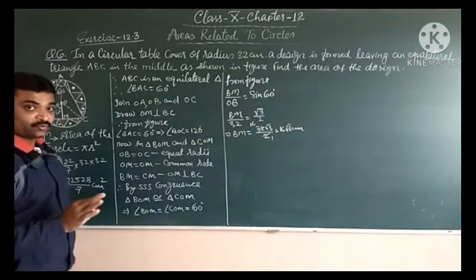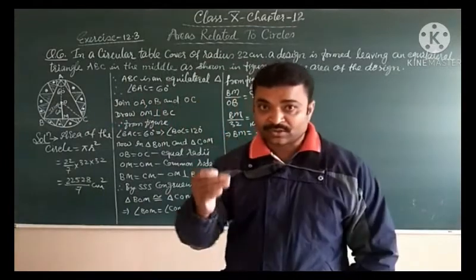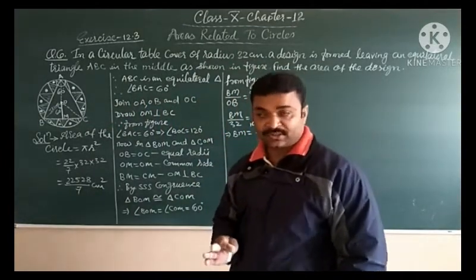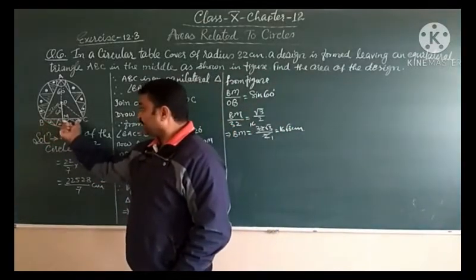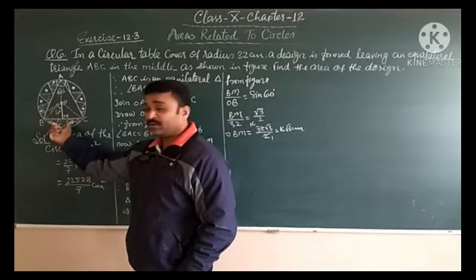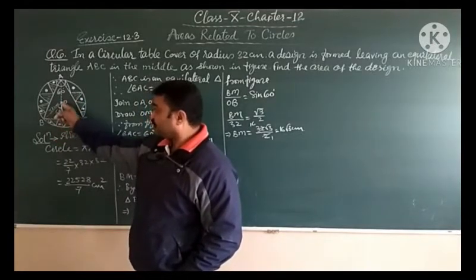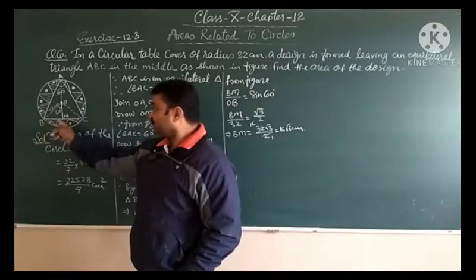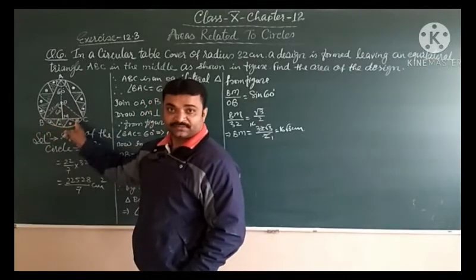Now students, we know that if a perpendicular is drawn from the center to the chord, it bisects the chord. BM and CM will be equal because of this perpendicular. O is the center and OM is the perpendicular drawn from the center to the chord BC.